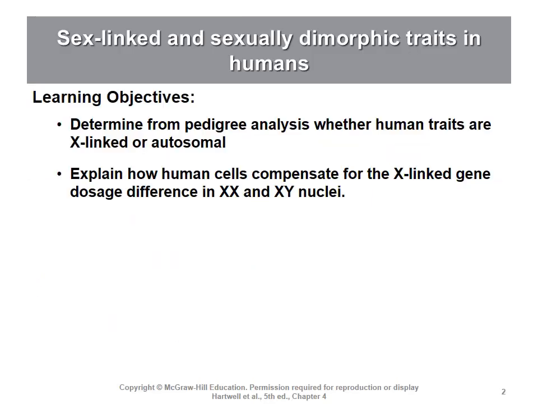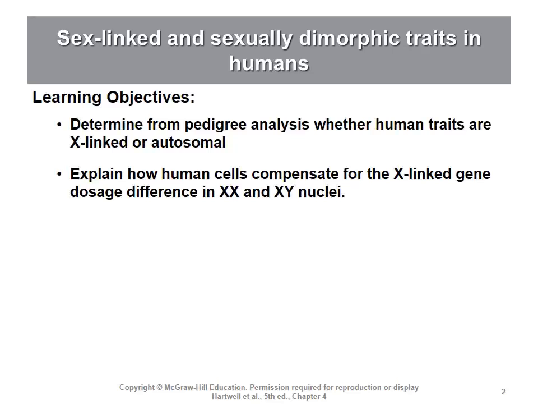So now we will talk about sex-linked traits in humans and Y-linked traits in humans. And remember that human genetics is difficult to study compared to other model genetics because we cannot do selective breeding in humans.